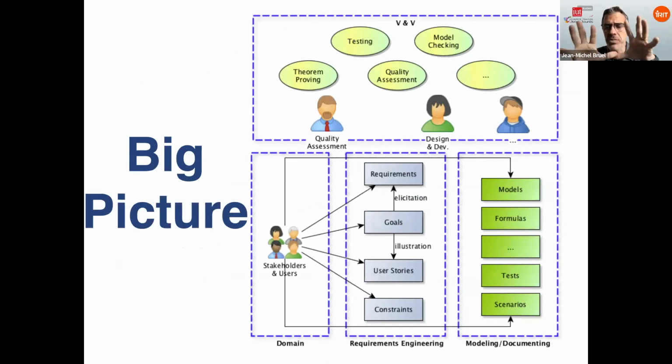This is a rough picture to describe the environment. Most of the time, you have a certain domain with stakeholders, users. So this is not just the user of the software. It goes a little bit beyond. It could be the manager of the company, etc. They all provide the elements in the middle, which are concerned by the requirements engineering activity.